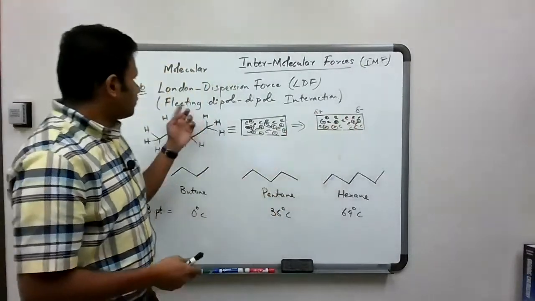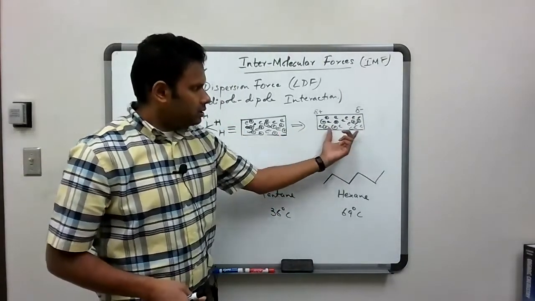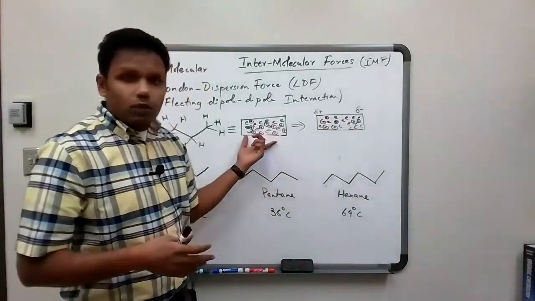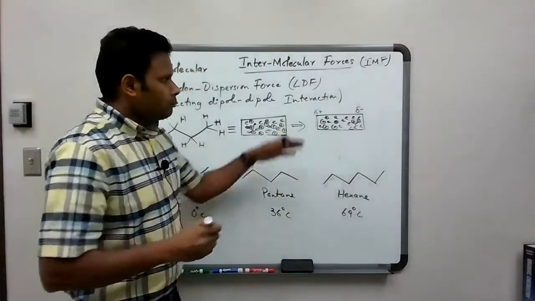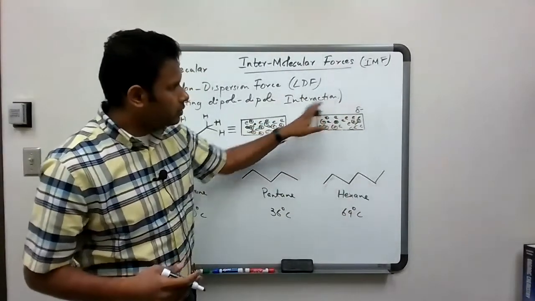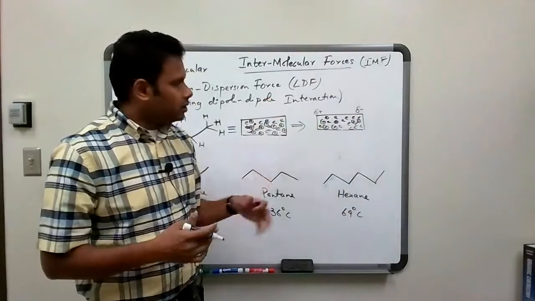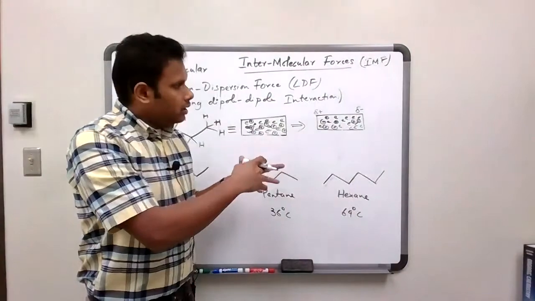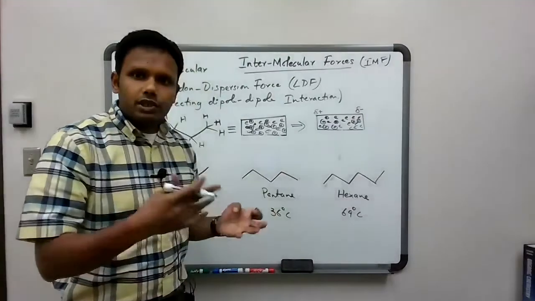It's a fleeting dipole because it is like this at one instant of time, and the very next instant, everything could go back to normal. It's a very transient situation. But as soon as one molecule gets into this arrangement, it will influence the electron distribution in a neighboring molecule.